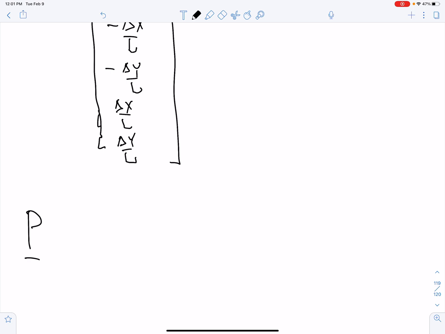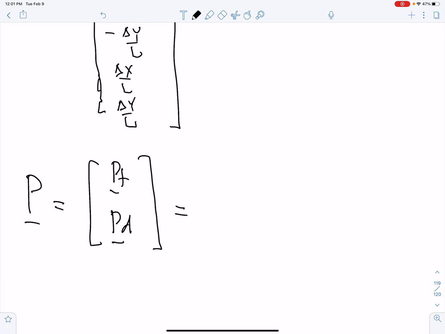the vector P, which was PF and PD. This guy can be written as A_BF for element A transpose, A_BD for element A transpose.